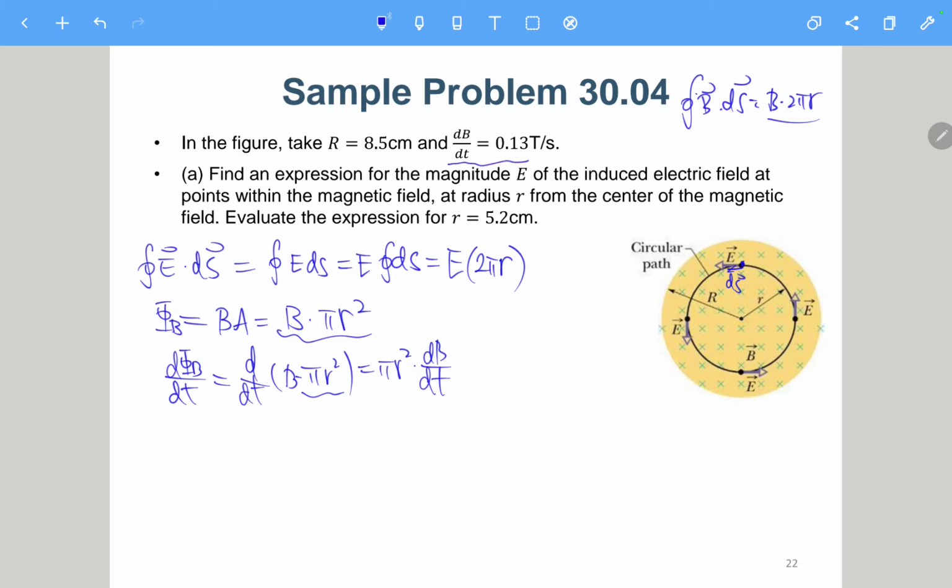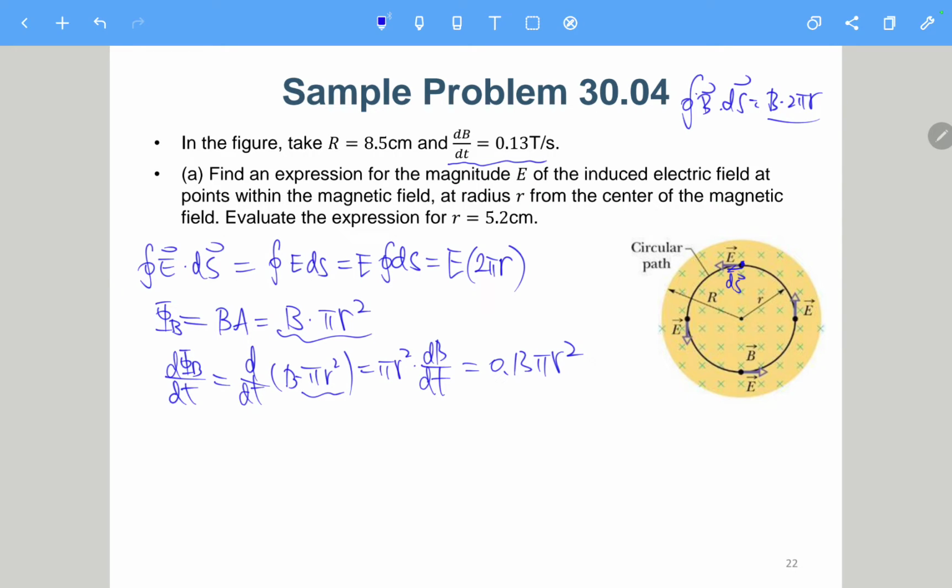It is given that dB dt is 0.13 Tesla per second. So this is nothing but 0.13 pi r squared. This is the derivative of the magnetic flux with respect to time.